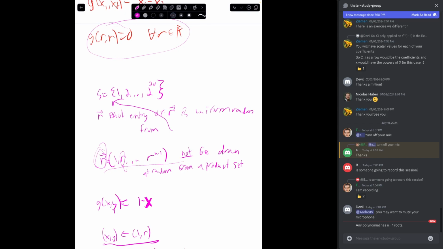Well, for the Poseidon hash, you can take a tensor product of this S, and that would work for Schwartz-Zippel, right?